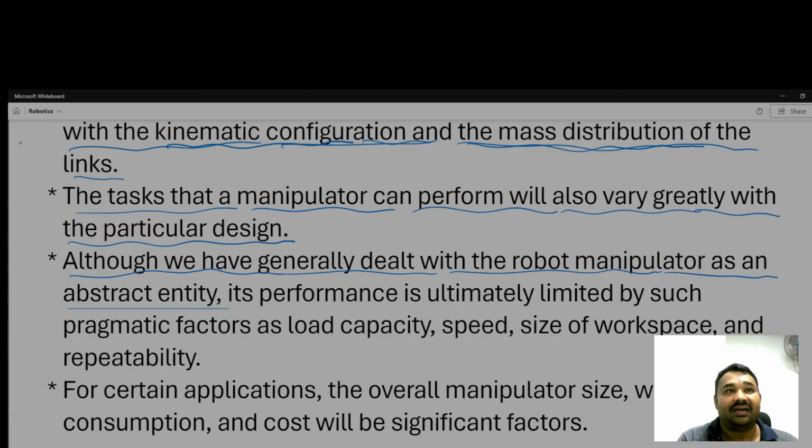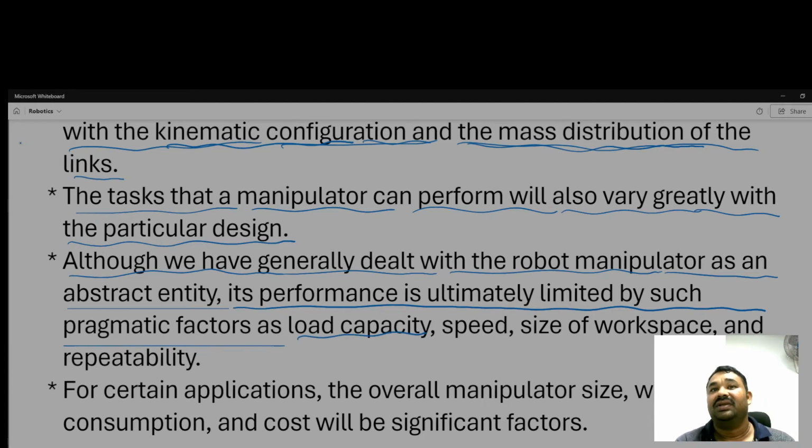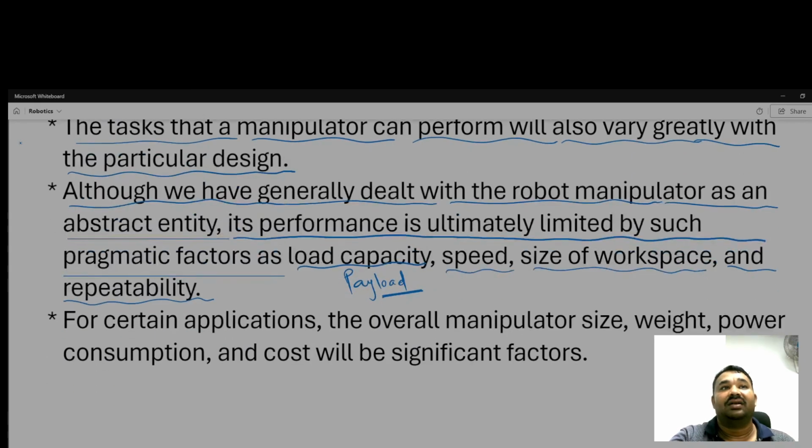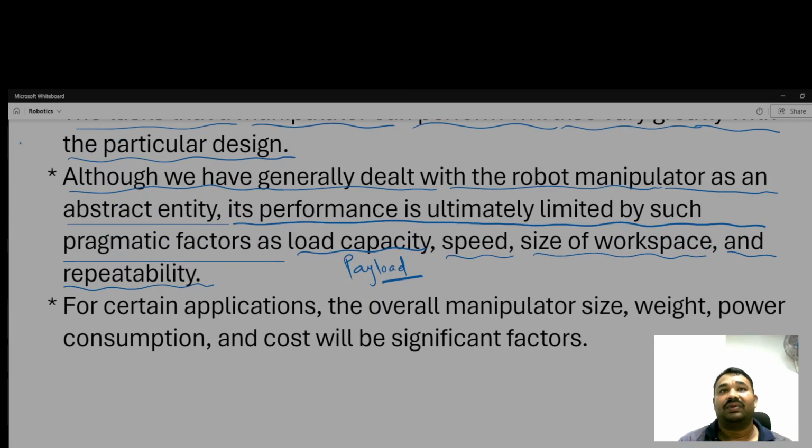But in addition to that, its performance is ultimately limited by such pragmatic factors, some more practical factors: load capacity, known as payload, how much load it can manipulate, speed and size of the workspace, and repeatability. Repeatability means whether our designed robot is able to perform the same task with the same accuracy again and again or not.